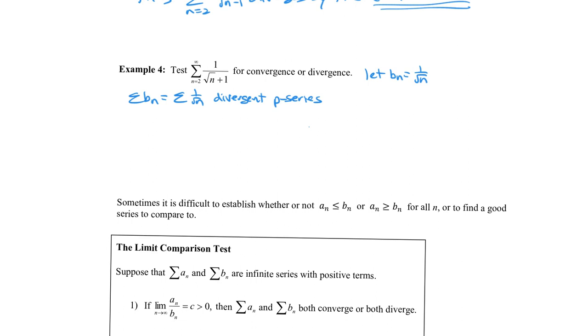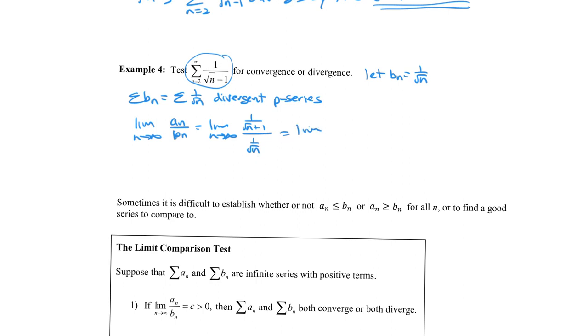So we can say the limit as n approaches infinity of a sub n over b sub n equals the limit as n approaches infinity. Now a sub n is our series, that's a sub n. So I'm going to say 1 over the square root of n plus 1 divided by b sub n, which is the one that we think our series acts like. And then, of course, we have a fraction divided by a fraction, so I'm going to do a fraction times the reciprocal of the second fraction.